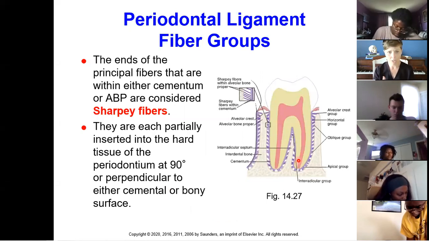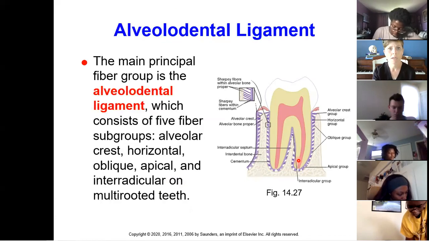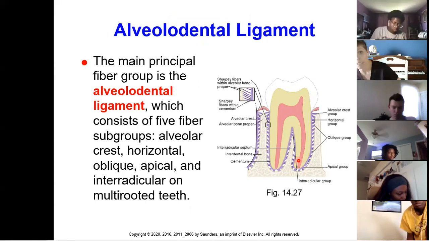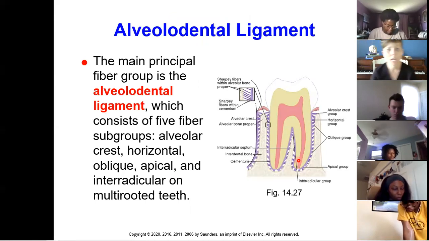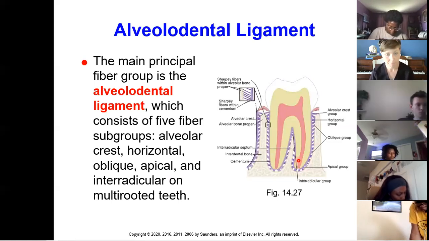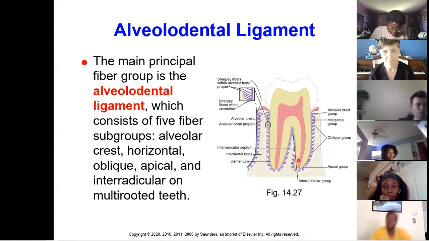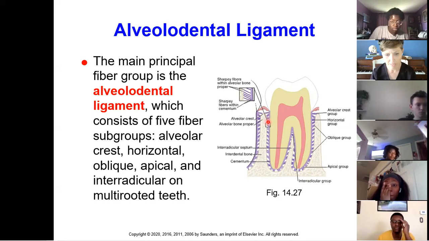Sharpey's fibers, 90-degree or perpendicular, right? The main principal fiber group is the alveolodental ligament, which consists of five fiber groups. The alveolar crest group, anybody want to guess where that might be? Near the alveolar crest.